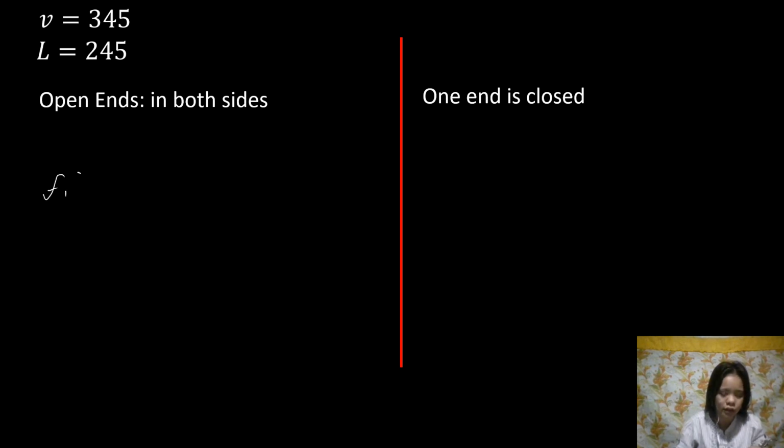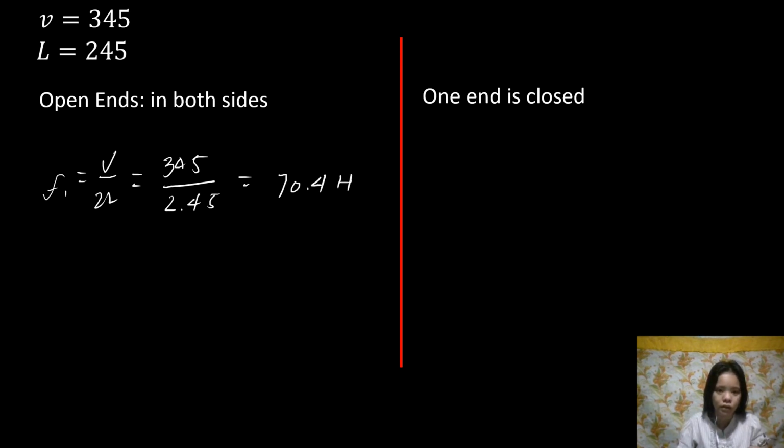F1 is equal to v over 2L, which is equal to 345 over 2 times 2.45, and the answer is 70.4 hertz. For F2, we do the same: the formula is 2 times F1, which is 2 times 70.4, equal to 140.8.